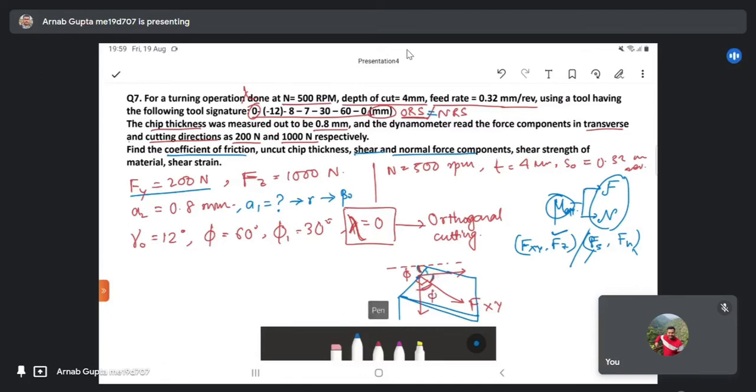This is phi, this is 90 minus phi, this is again phi, and this is Fx, which is Fy. So from here we can write Fxy is equal to Fy divided by cos phi. This is nothing but 400 Newton. If you substitute the values, you will get it.